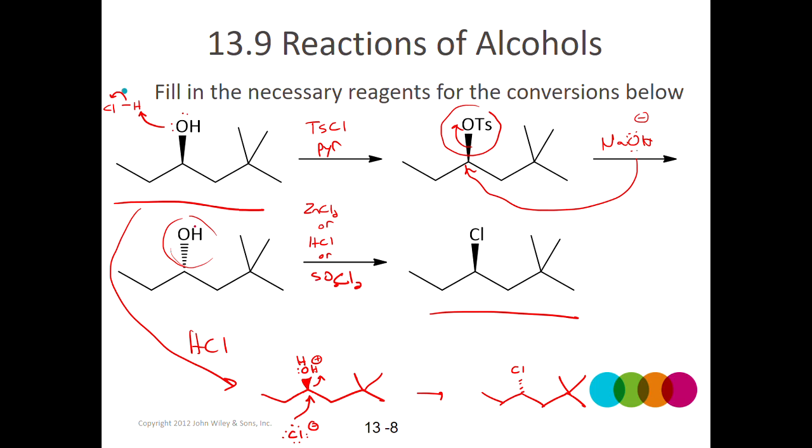Whether I protonate that with a proton to make it a better leaving group, whether I have the oxygen attached to the sulfur first to make it a better leaving group, or the zinc, either way I'm going to have a Cl minus coming in there from the back side to push out whichever leaving group I create. And since the leaving group's positioned away from me, the chlorine would have to come in from the front, and that's how I would end up with a solid wedge there for it.